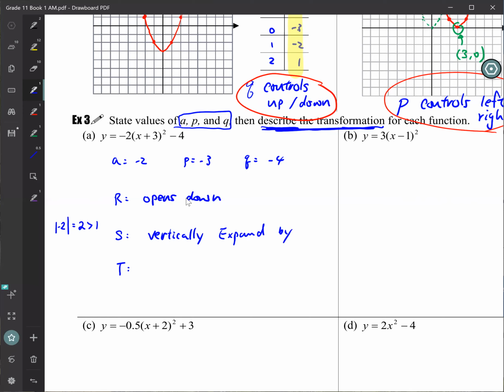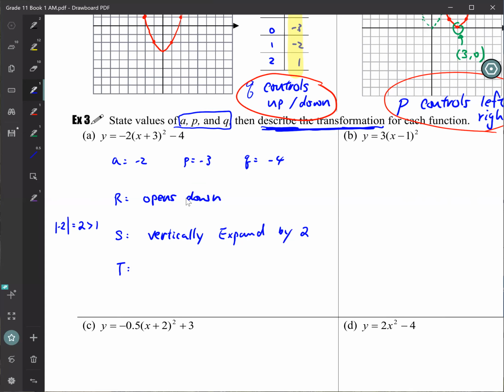You vertically expand by 2. Yeah, by 2. So even though the A is -2, you still use expand by 2. The negative controls open up and down, so it has nothing to do with the expansion.